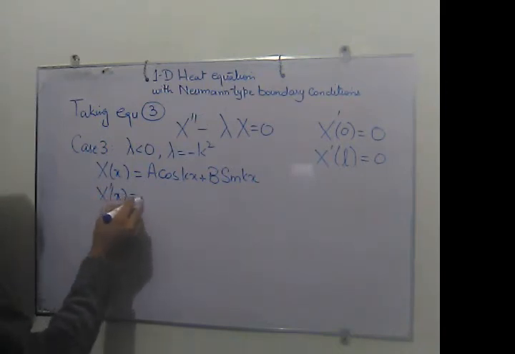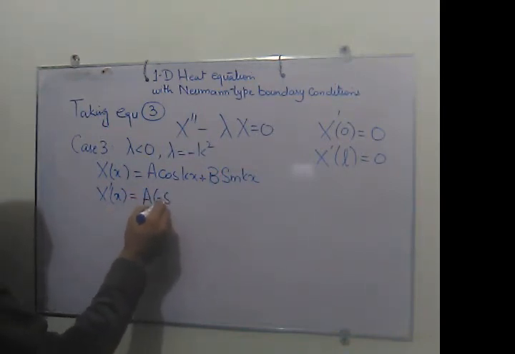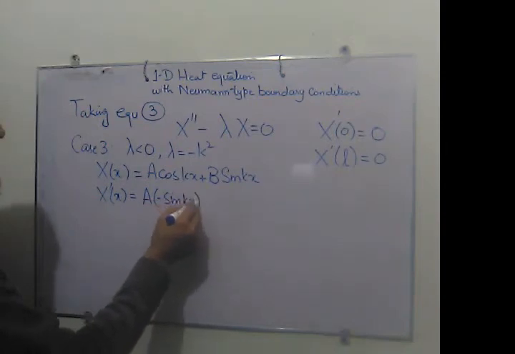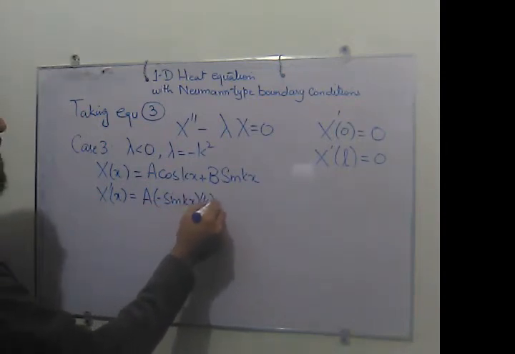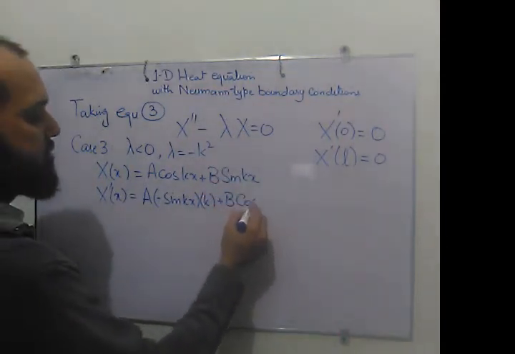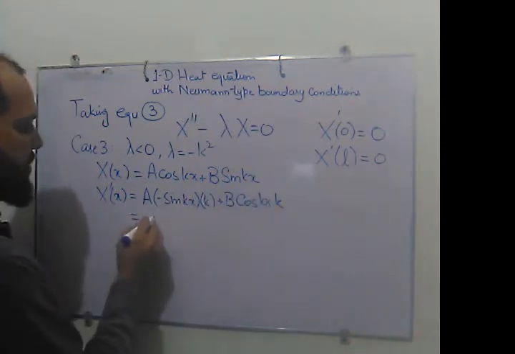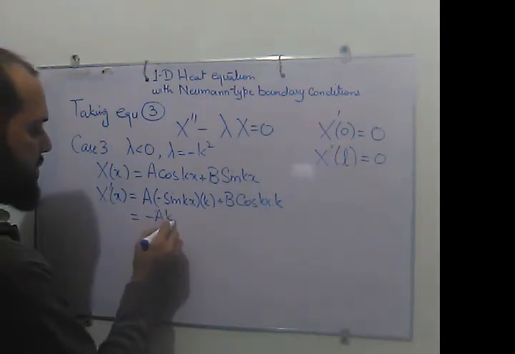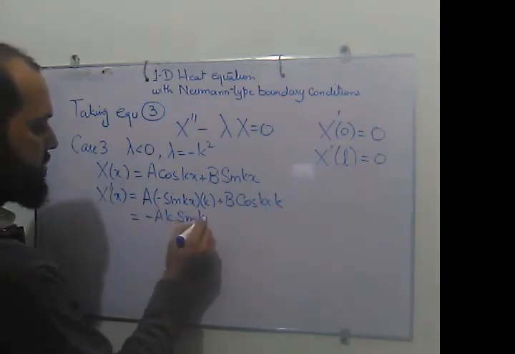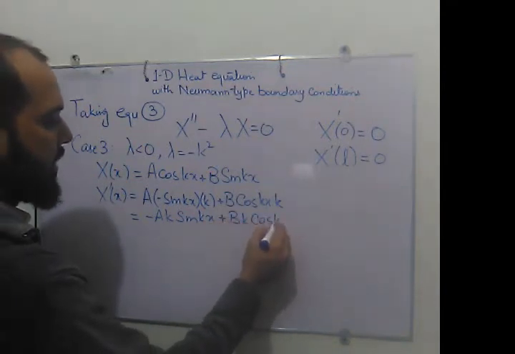And when we take the derivative of the general solution, a would be constant, so it will come outside. So the derivative of cos kx would be minus sin kx and then k, plus b, the derivative of sin kx would be cos kx and then k. So it would become minus a k sin kx plus b k cos kx.